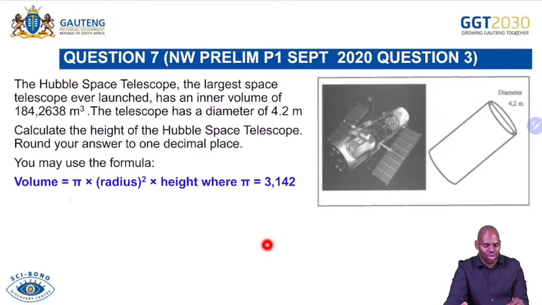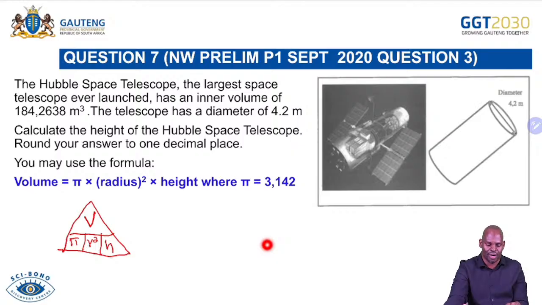You may use the formula. Right, boys and girls, you must remember that if you want to calculate volume, we always say pi multiplied by r squared multiplied by height. So in other words, to calculate a volume, you need to know the value of r and the value of height. But the examiner can give any two of the three and ask you to find one.